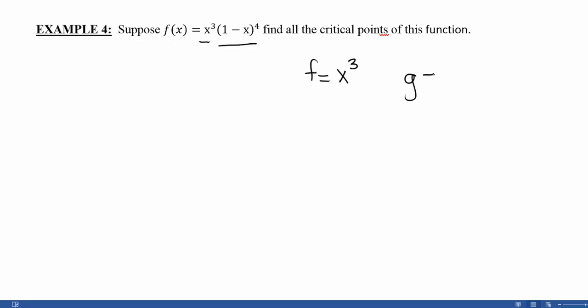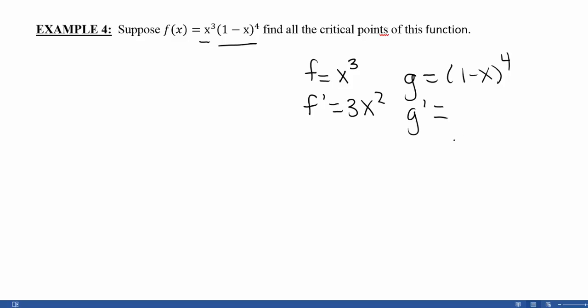And my second function is going to be g. So 1 minus x to the 4th. Now I need to find each of their respective derivatives. The derivative of x cubed is 3x squared. Now for g prime, things are a little complicated because here I have to do a chain rule to find the derivative of g.